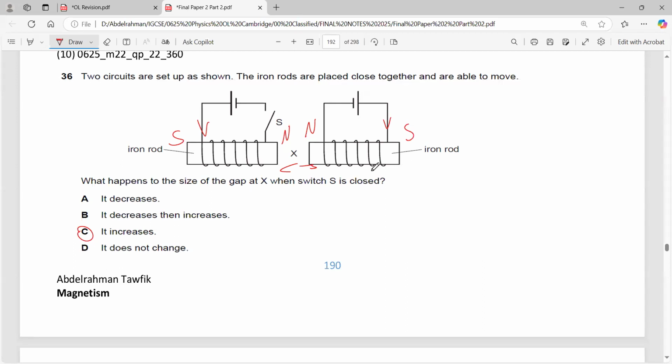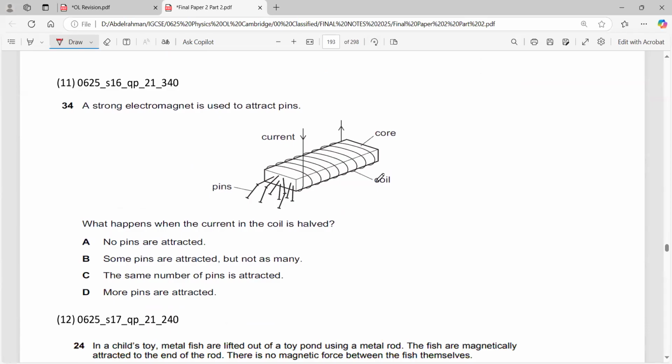Then you can find the magnetic field. He's not asking about the direction of the magnetic field, but can I find it? Yes, I can. Again, the current is moving in this direction.